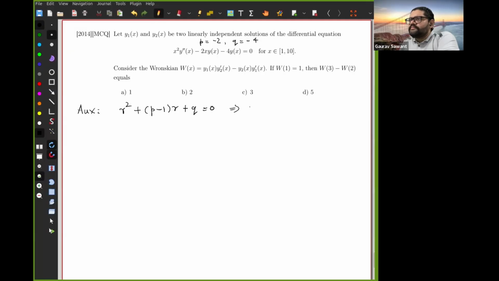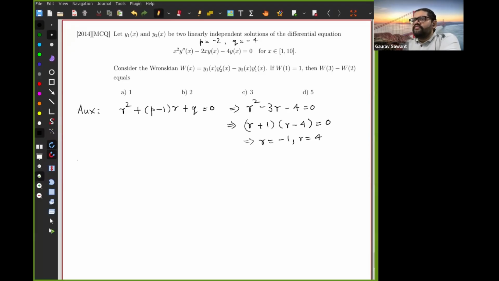So this is r square minus 3 r minus 4 equal to 0, which readily factorizes into r plus 1 into r minus 4 equal to 0. Okay. R equal to -1, r equal to 4.